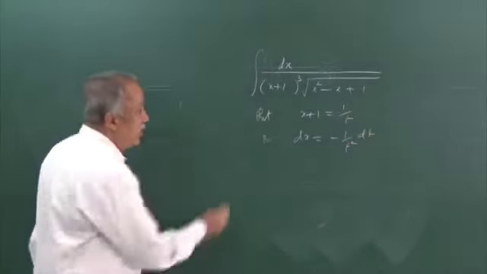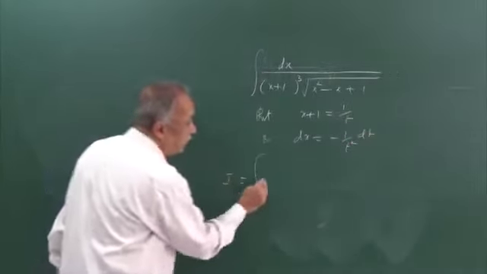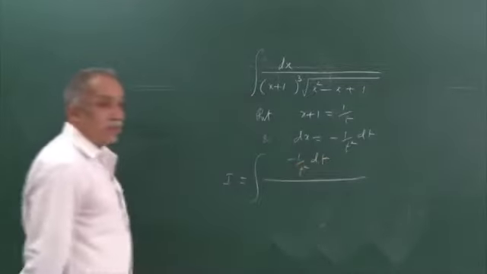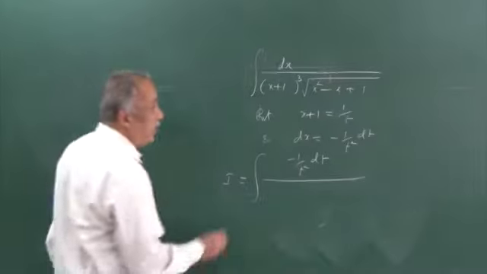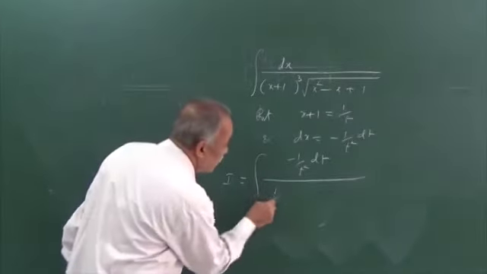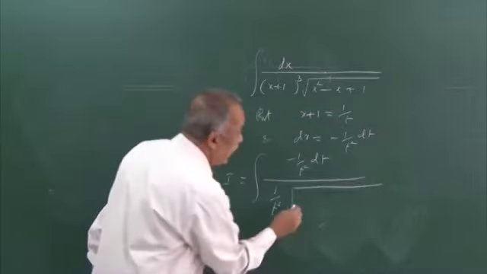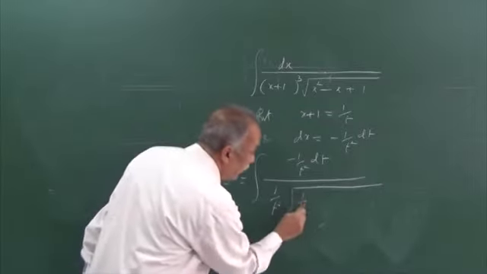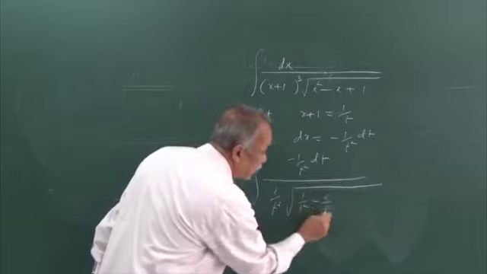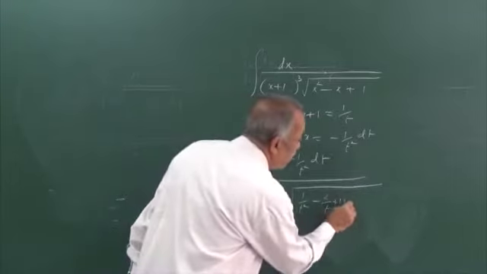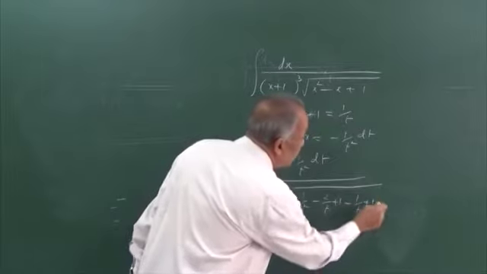As a result, our integral becomes minus 1 by t square dt divided by x plus 1 whole cube is 1 by t cube into square root of x square, 1 by t minus 1 whole square, 1 by t square minus 2 by t plus 1 minus x minus 1 by t plus 1 plus 1.